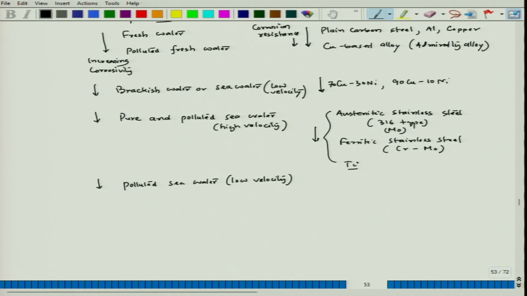So, that time we cannot use even 316, we can use titanium based alloy or much high content, high molybdenum and chromium content ferritic stainless steel.